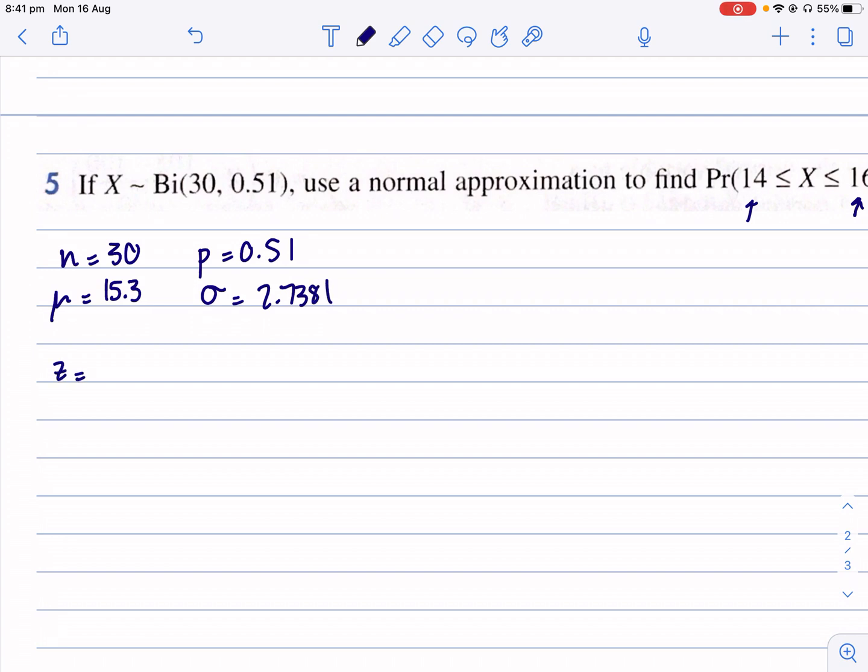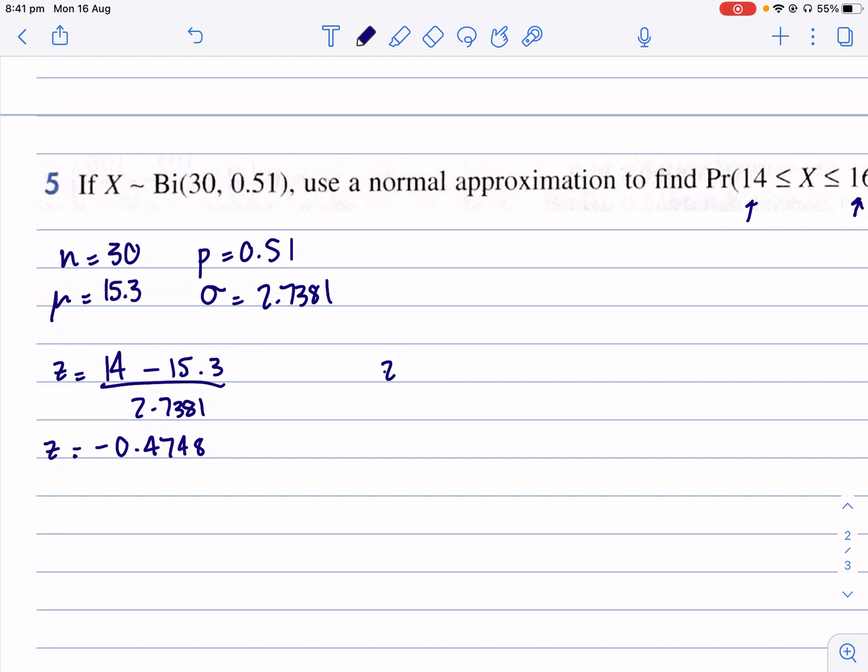Our first z-score is going to be 14 take 15.3 over 2.7381, which gives negative 0.4748.